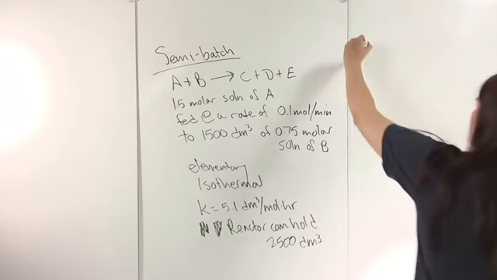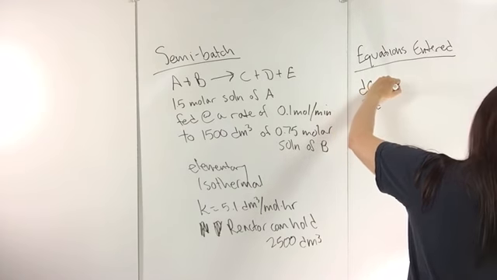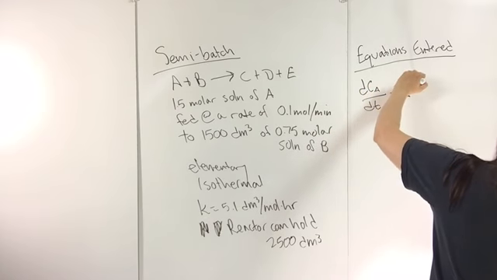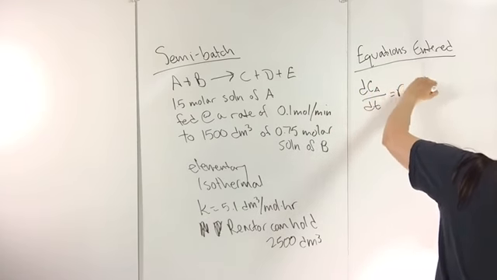And so the mole balance for A is dCA/dt is equal to Ra plus V naught over V times (Ca naught minus Ca). And then for B, we need to write a mole balance for each reactant.